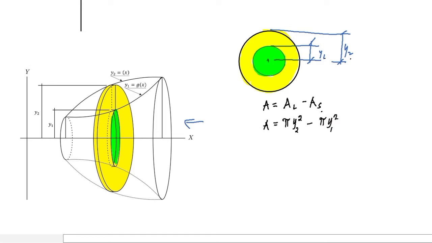So, as we can see here, if we are going to take the differential of the volume, since etong thickness na to, this is now the dx. So, since our differential volume is just equal to the area, no, multiplied by the thickness, which is the dx. So substituting the area, we would have here pi y sub 2 squared minus pi y sub 1 squared multiplied by the dx.